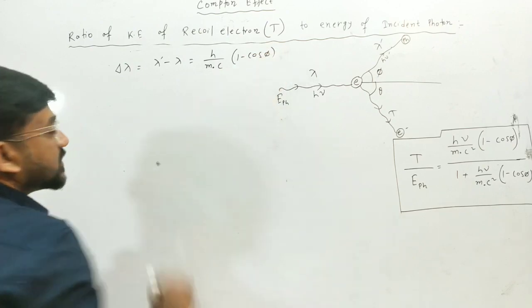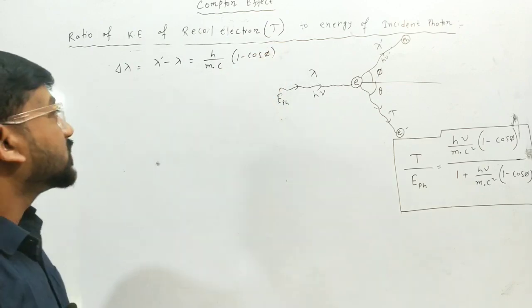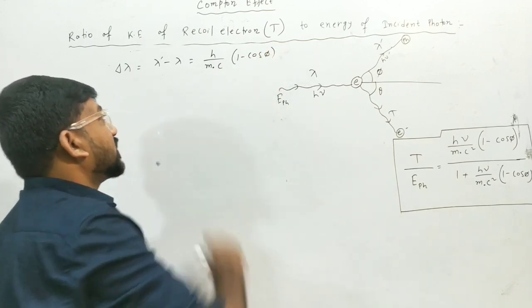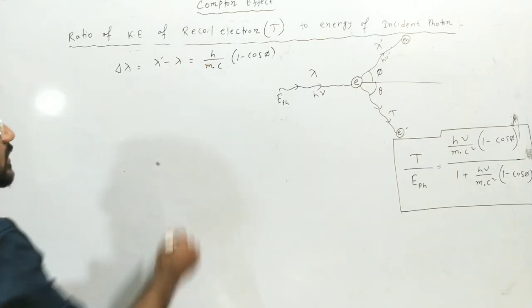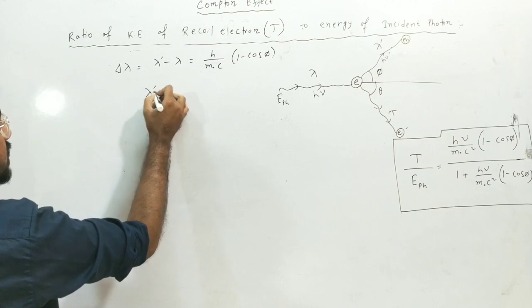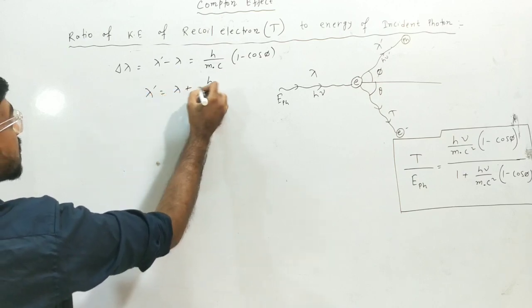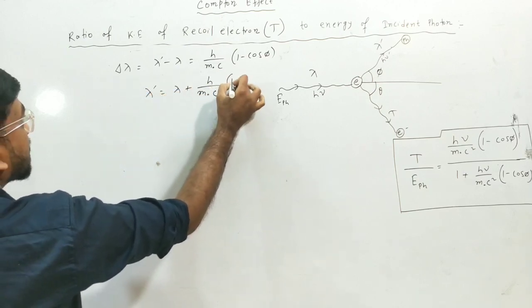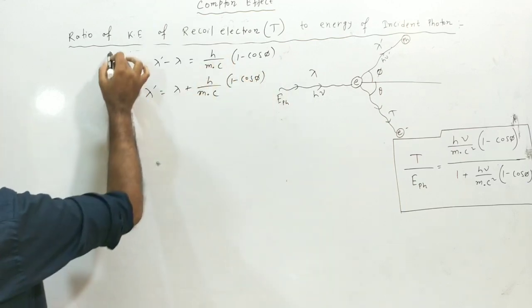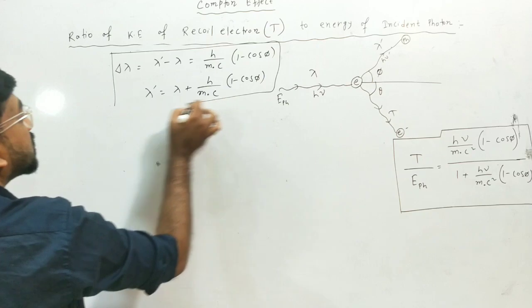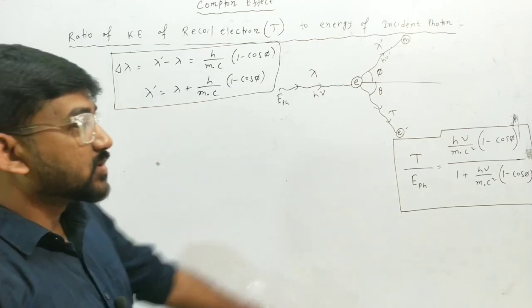This h upon m0c is the Compton wavelength, sometimes written as lambda c. So lambda dash minus lambda is h upon m0c into 1 minus cos phi, and if you want to find lambda dash, it will be lambda plus h by m0c into 1 minus cos phi. We will use these two results to prove this.